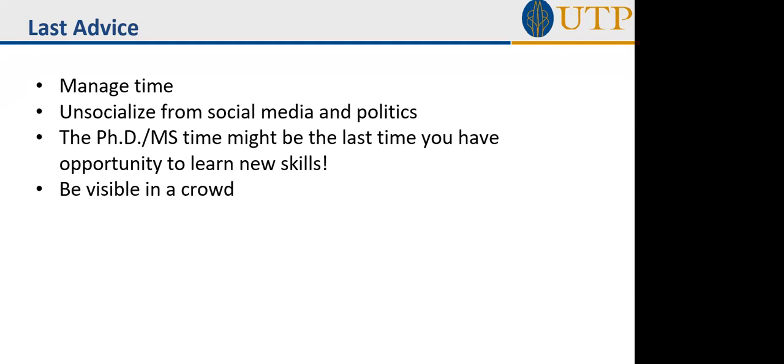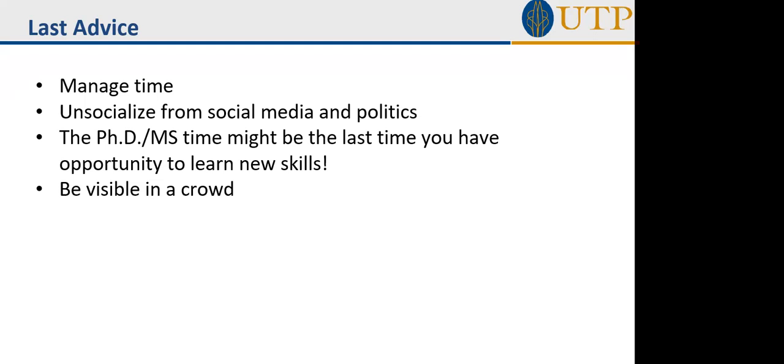And you should be visible in a crowd. If you are a batch of 30 PhD students, try to be visible from the crowd. Try to get your research done on time. Try to get publications in higher impact factor venues. Try to get publications in venues that have repute of large rejection rate.